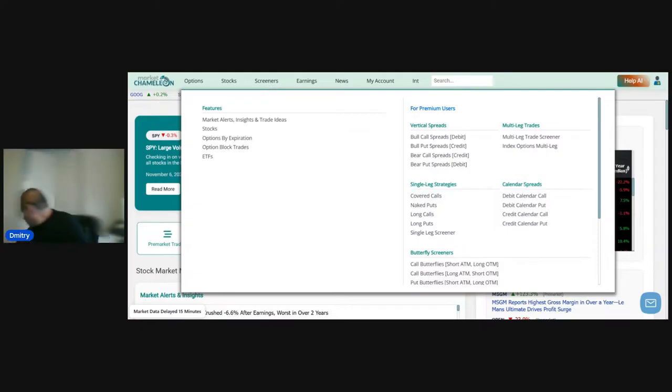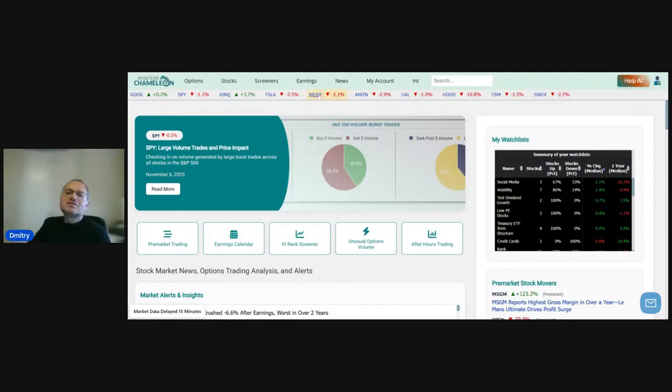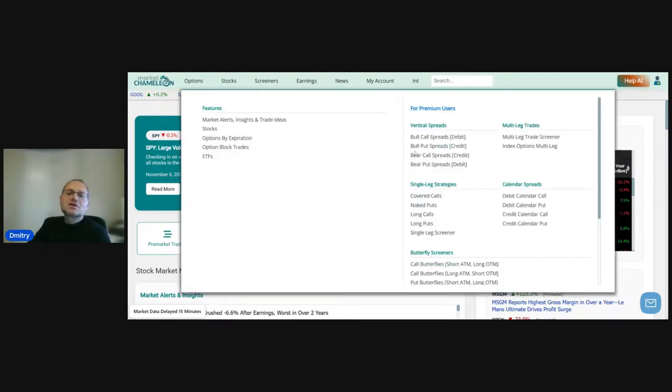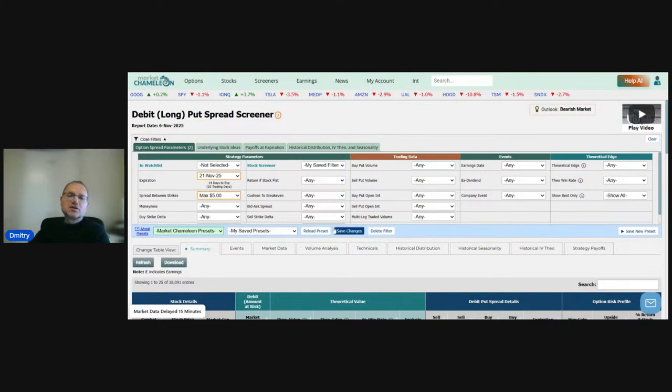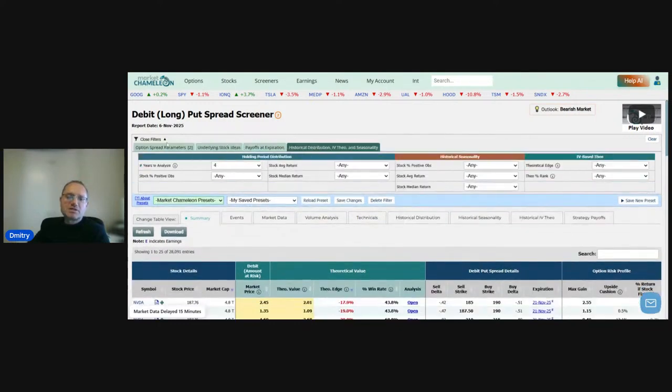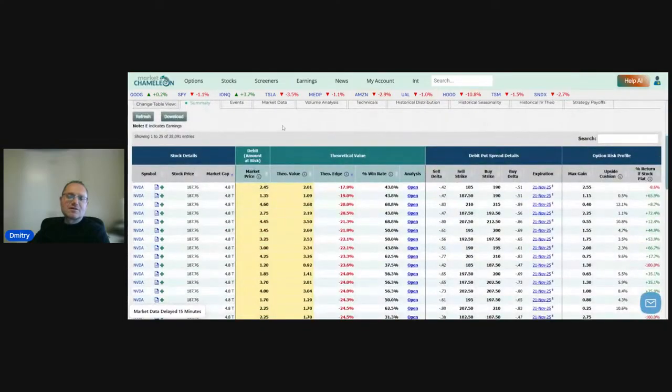If you hover over that and click on bear put spreads, it'll take us to the main screener. And as you can see here, we have our filters above with different tabs and the data elements below.